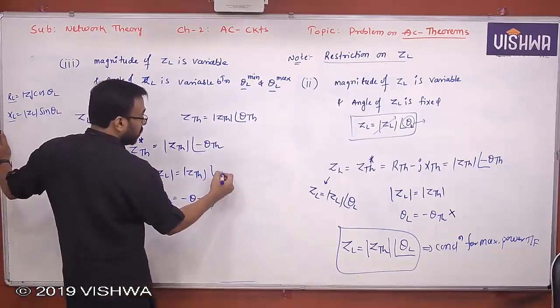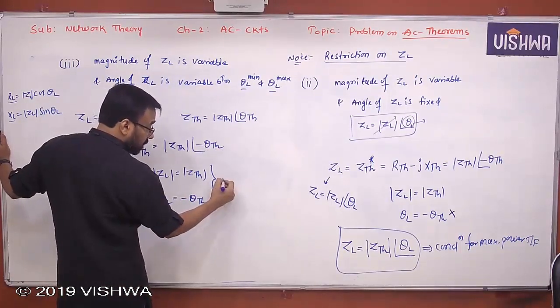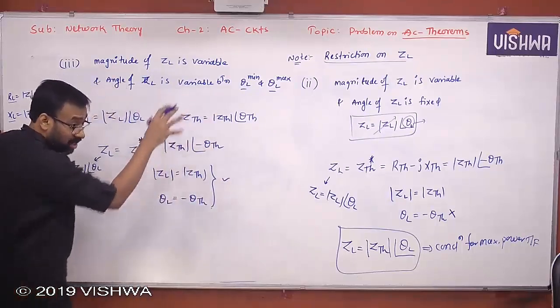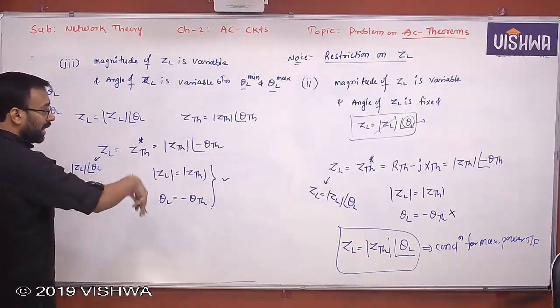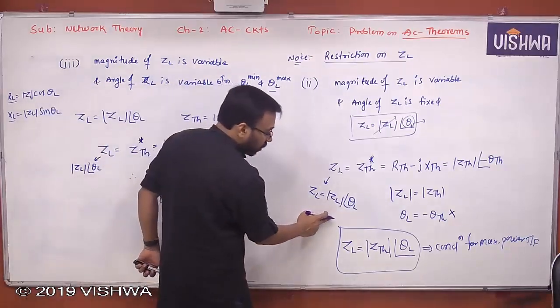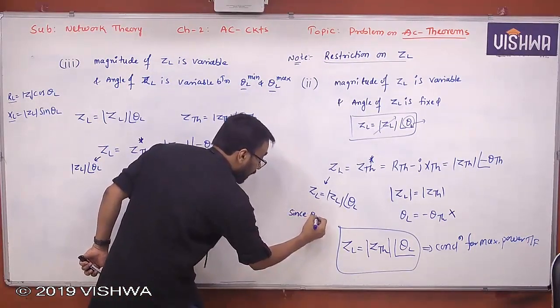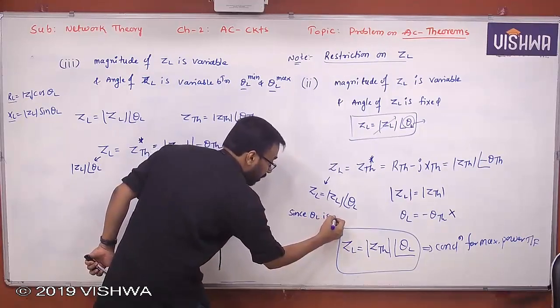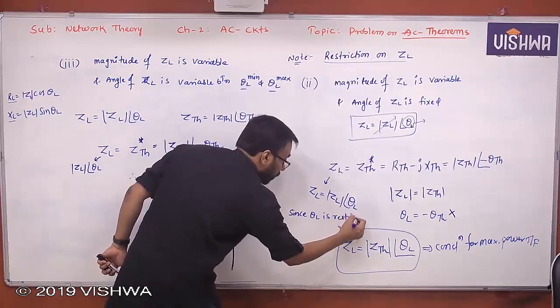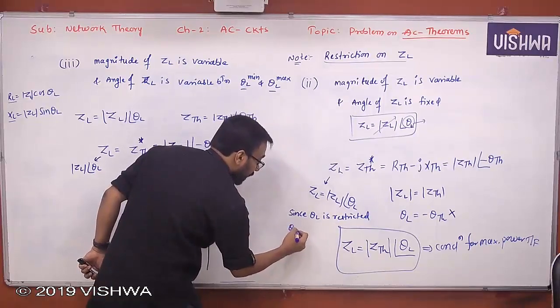These are all the conditions for maximum power transfer as it is given. Getting all of you? This is as it is given, without any restriction. Usually we take this. But now, since theta L is restricted, theta L remains the same.